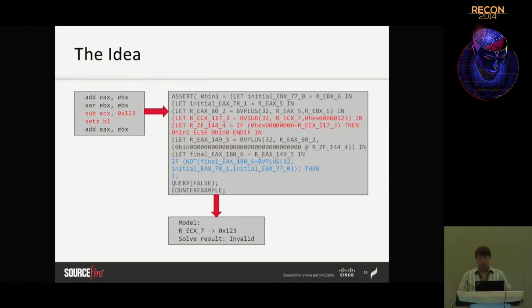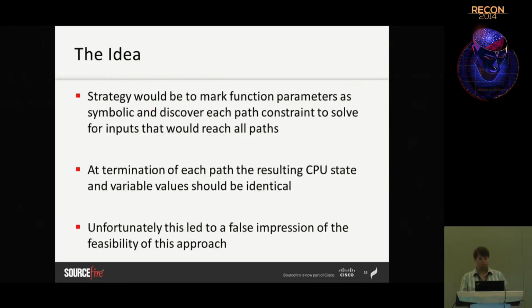So in any case, having given this example, we had already shown to ourselves that it's feasible that we can compare two series of instructions and try to get the solver to tell us if they're equivalent or not. The strategy is basically you would take an entire function and mark the parameters as symbolic and iterate over every possible path that you could take, just like we do in our Sage clone.